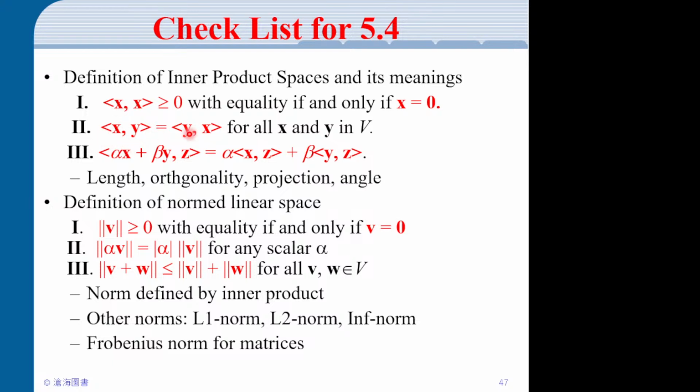Then it's symmetric between the two arguments, and it's linear in the first argument. And then from the inner product we can define a whole bunch of geometry. So we can define length as the square root of the inner product. Orthogonal, if the inner product is 0, then we can define projection. And if nonzero vectors, then we can define angle from the inner product.